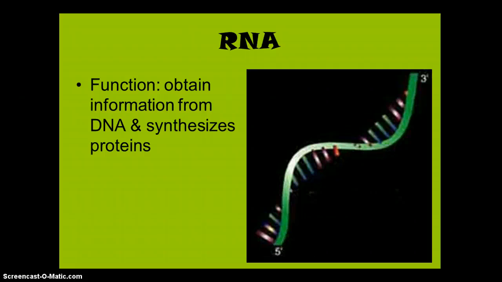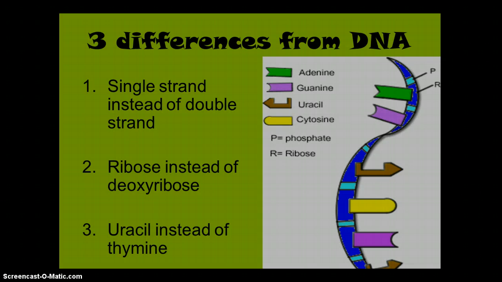The different sequences of nucleotides, nitrogen bases found in DNA, actually code for amino acids. And we'll go through that process. And what helps us is RNA. It actually obtains the information from DNA and helps us synthesize proteins, make proteins.